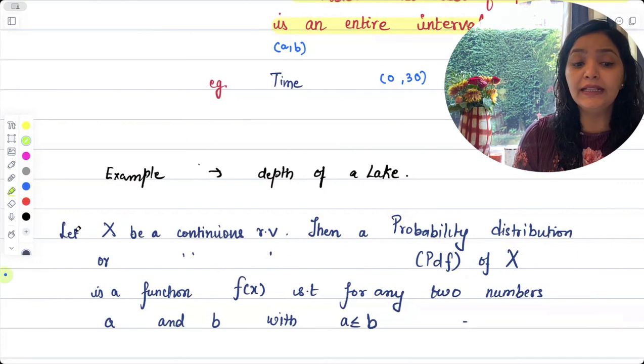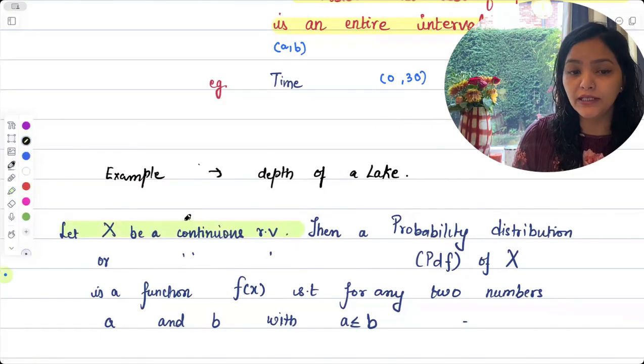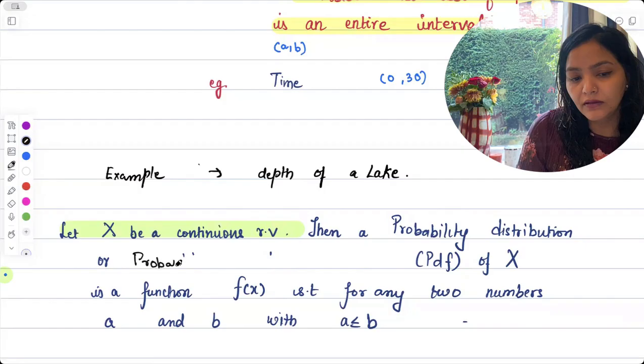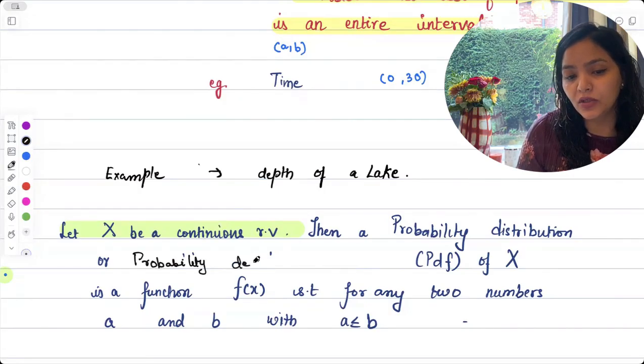More formally, let X be a continuous random variable. Then the probability distribution, which we call PDF, that is probability density function.